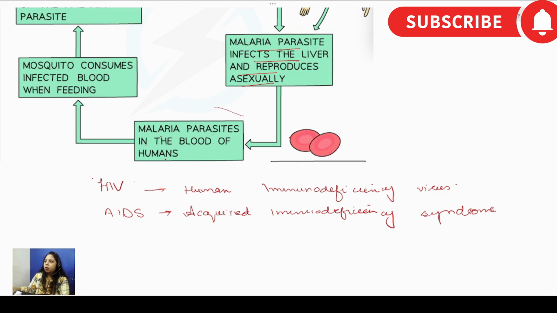Okay, so how do these viruses work? Let's talk about the structure of a virus. What does the structure of a virus look like?